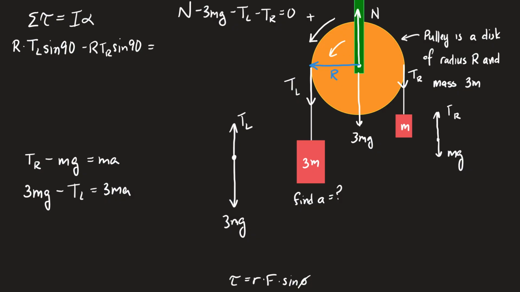This is a disk of radius r and mass 3m. How do you calculate the moment of inertia of a disk? 1/2 mr squared. We proved it yesterday, but it's also on your table of moments of inertia. A disk is worth memorizing. So 1/2, but this disk isn't m, this disk is 3m.